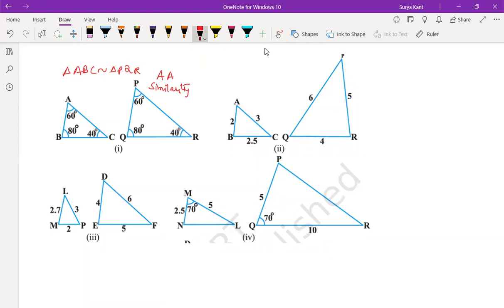Are these both triangles similar or not? So this is similar. Then tell about the second. So the first and the fourth one are similar. Tell me, for the fourth, what can you write? Which triangle is similar to what? That you should tell. This is very important, how to write this question, okay?